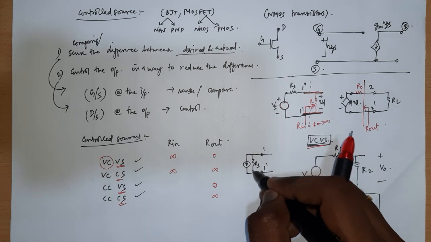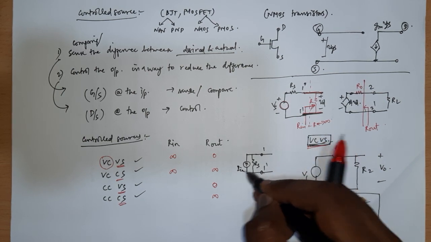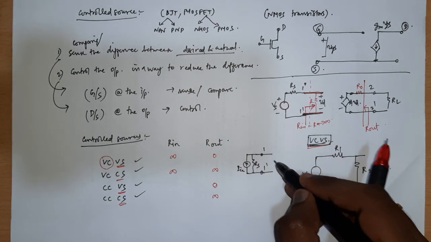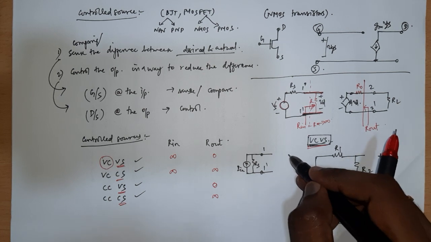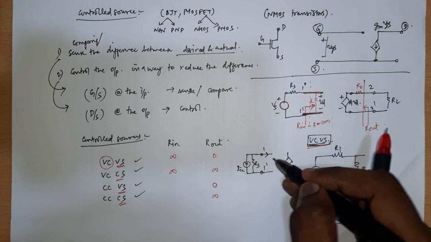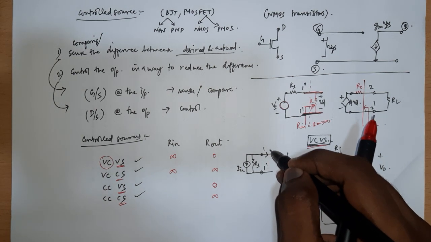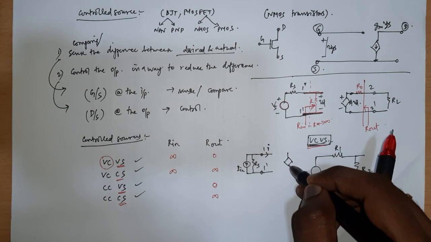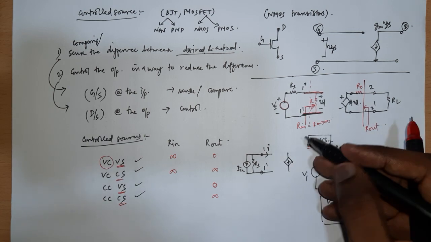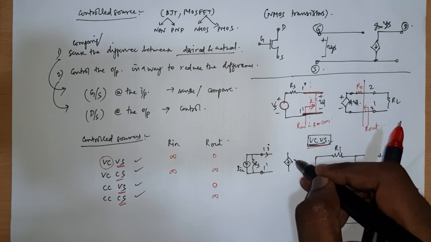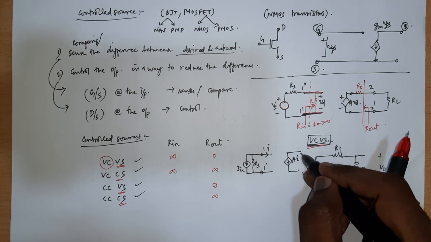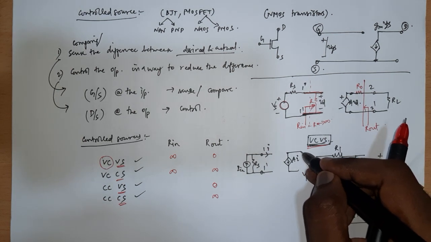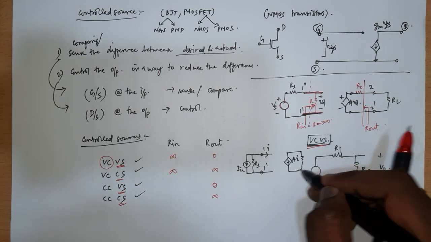Now I don't want any of the I in to flow through RS. I want all of it to flow through the input side, so that I can control, say this is the current I which will be controlling, say if it is a current controlled current source, that is going to control my current source here, A times I, and that will essentially have some kind of source resistance here.